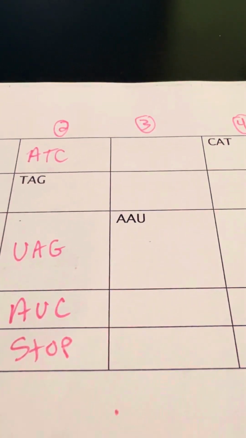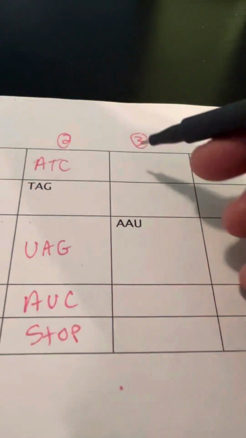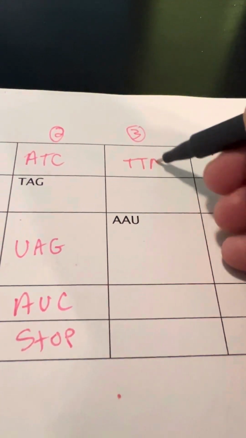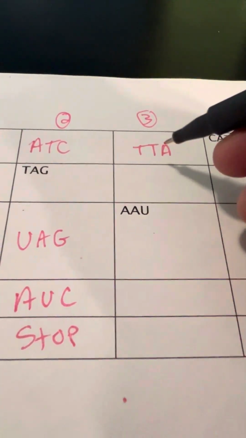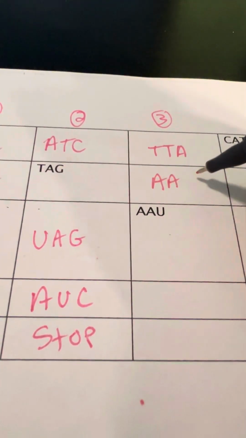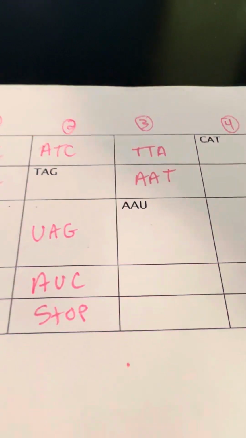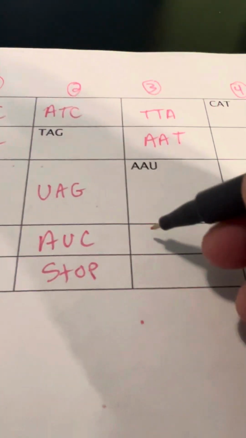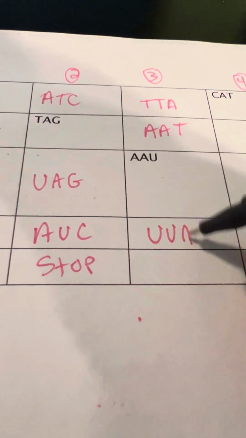This time they're giving you AAU. So your DNA would be TTA, and your DNA complementary would be AAT. If RNA is AAU, then your tRNA is UUA.